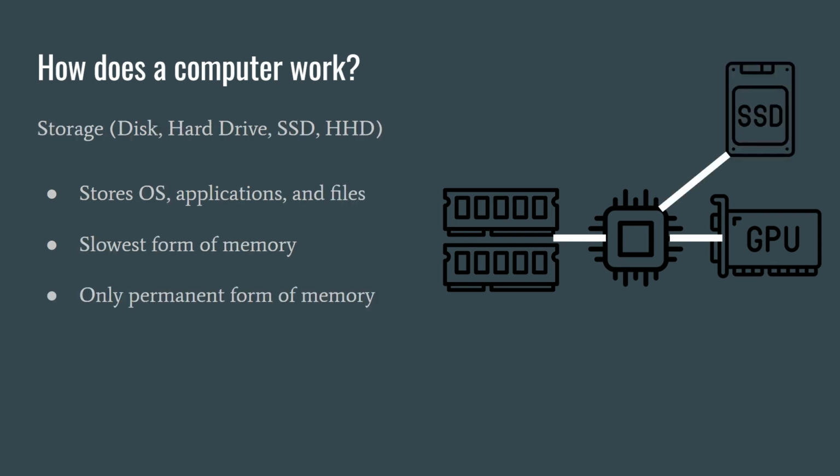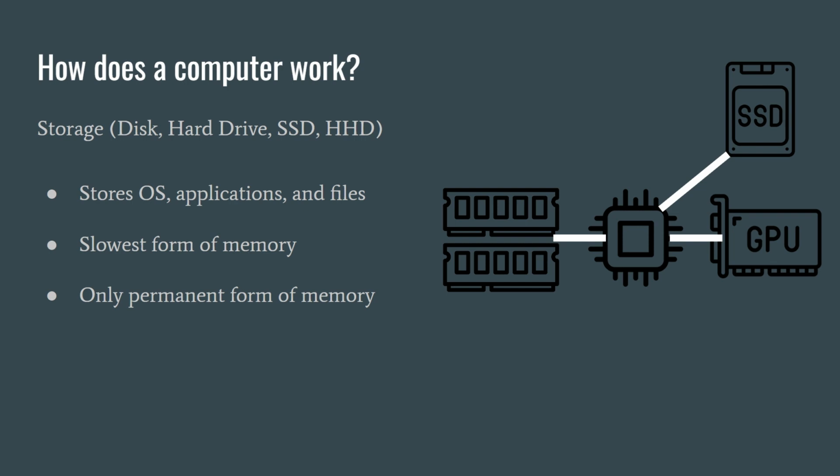So next up we have storage, and you'll hear it called disk or hard drive. The job of the storage is to store permanent memory. It's the slowest form of memory compared to cache and RAM, but it's the only permanent form. So when you turn your computer off, everything in the cache and the RAM disappears, but everything in storage will stay.